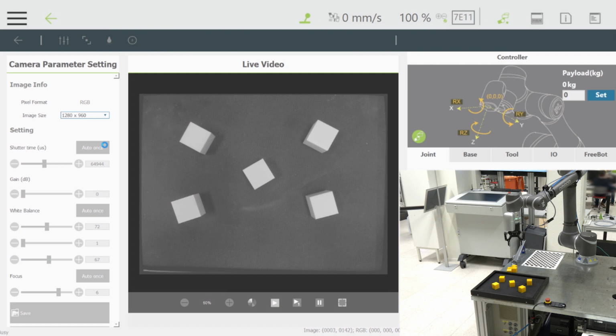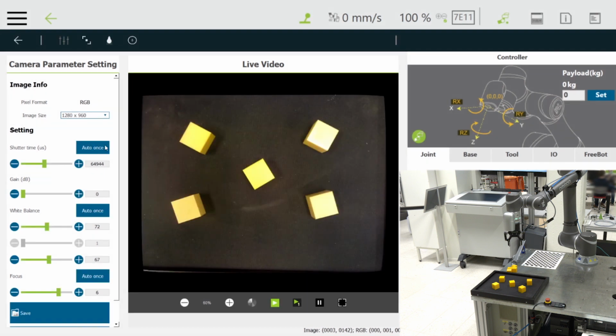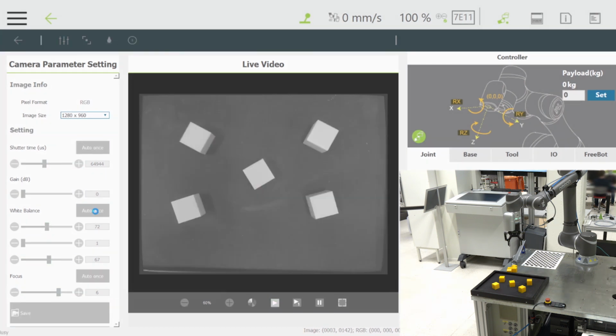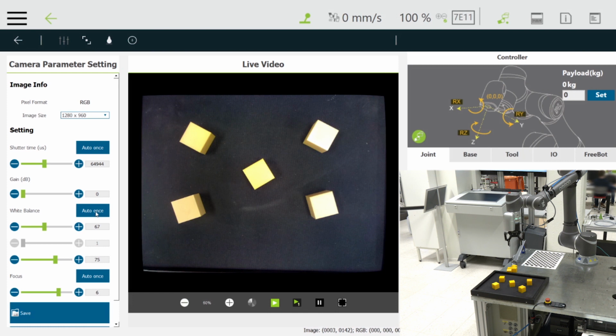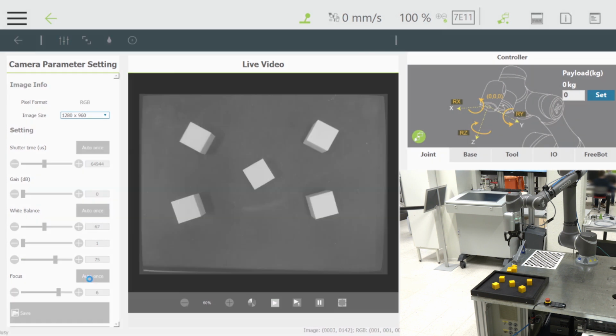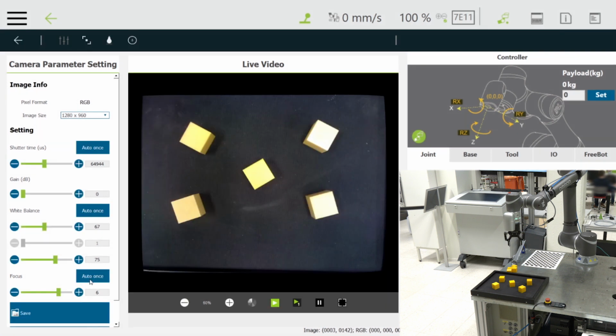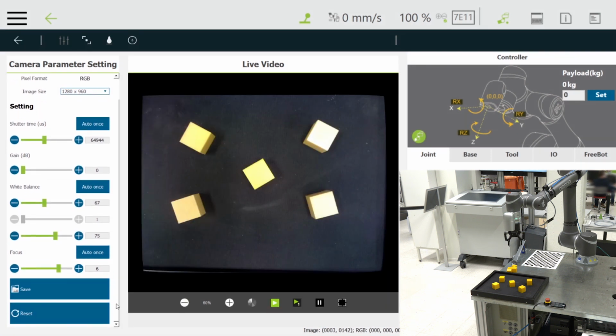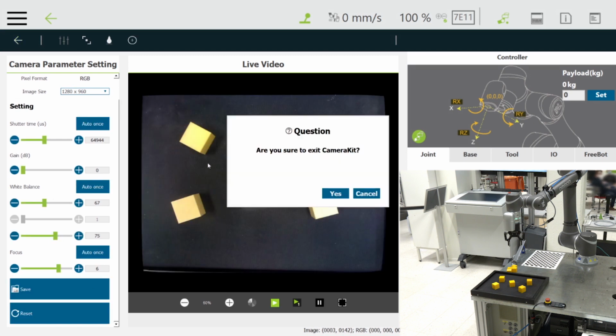In this demonstration, the automatic shutter time, gain, and focus setup is used. So all these are done here. It takes some time to do all that and then save. Now all these settings are made.